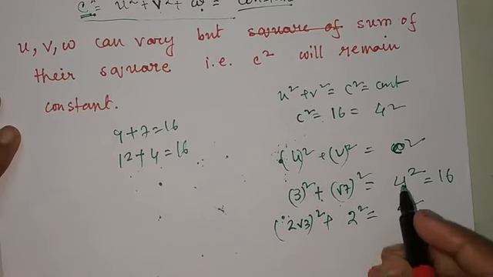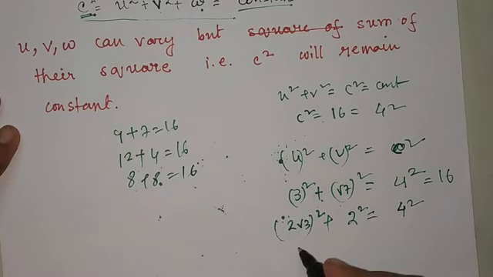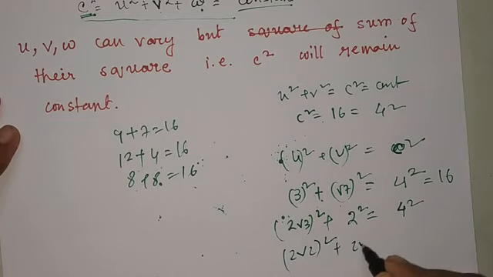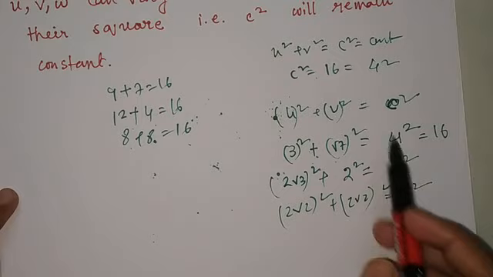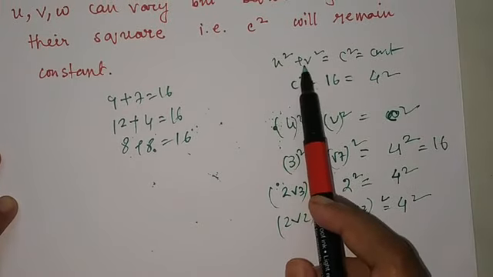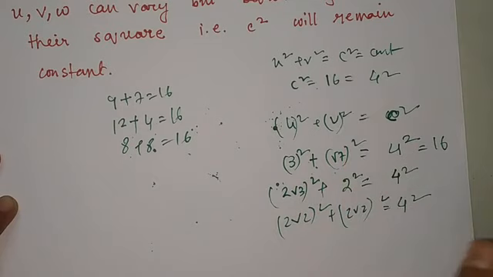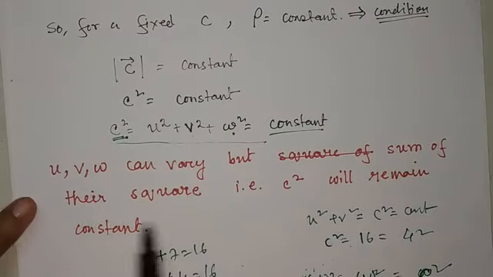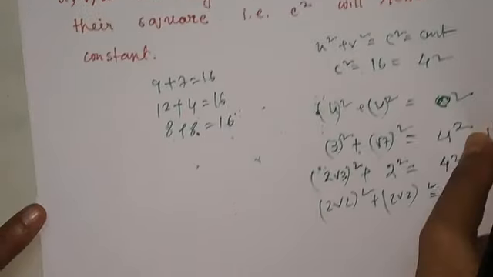Another example, suppose 8 plus 8 equals 16. So here it will be 2 root 2 whole square plus 2 root 2 whole square equals 4 square. So now U is 2 root 2, V is 2 root 2, but C square is constant. So in this way, U and V are varying, but C square is remaining constant. So here also U, V, W can vary, but C square will remain constant.